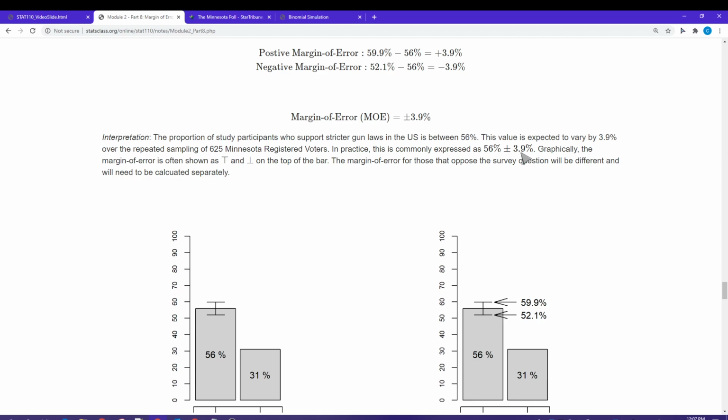Now, they obtain that margin of error by capturing the middle 95% of the distribution. Not the middle 80% of the distribution, not the middle 90% of the distribution, but the middle 95.